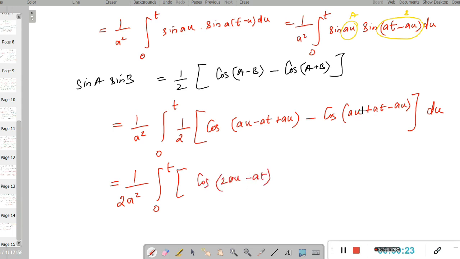Here you can cancel these two terms. So here we are integrating with respect to u.